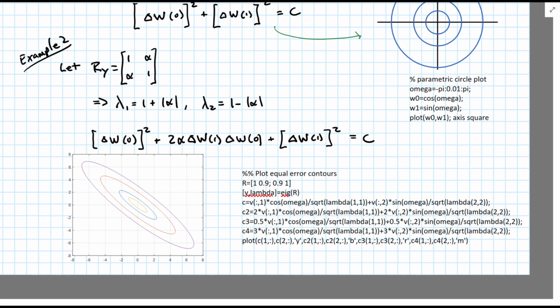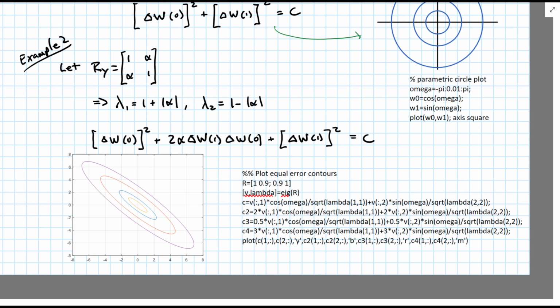I've included some MATLAB code for creating these error contours. A few things to note in looking at these. One, we use code for plotting a parametric circle where we scan through the angle from minus pi to pi in small steps, calculate the points with the sine and cosine, and then plot those points against each other. That code is shown in the upper right.